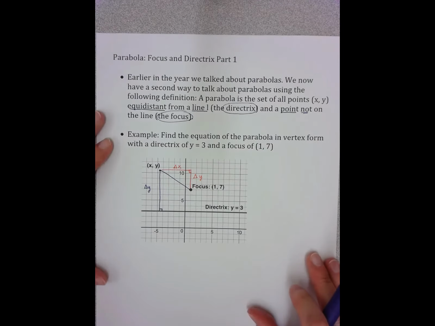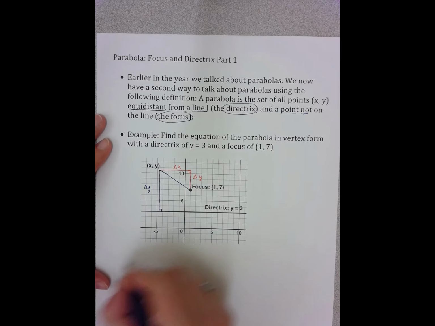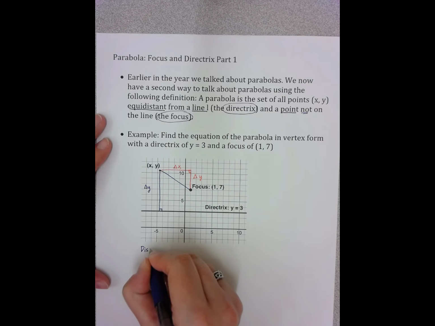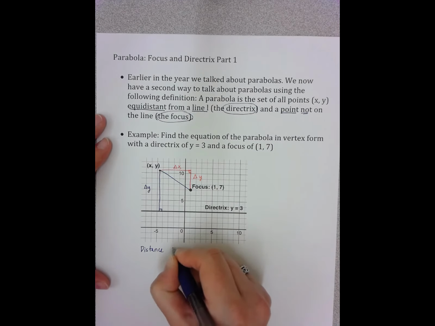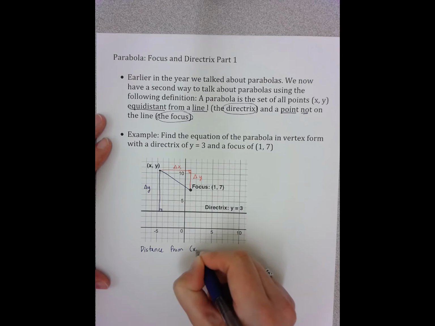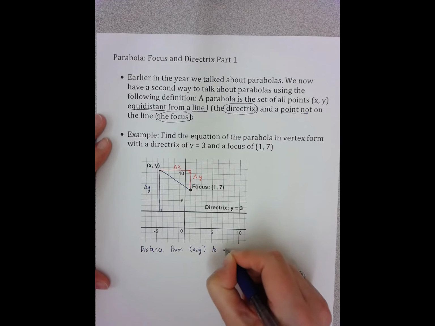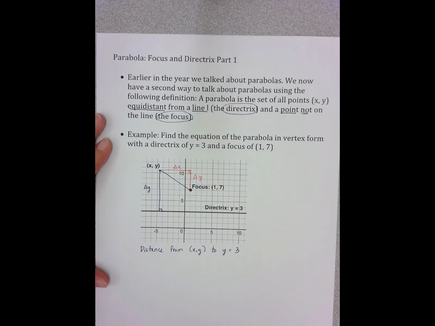The first thing that I'm going to find is the distance from x, y to y equals 3. You can think about this as Pythagorean theorem, or you can simply think about this as the change in the y's.